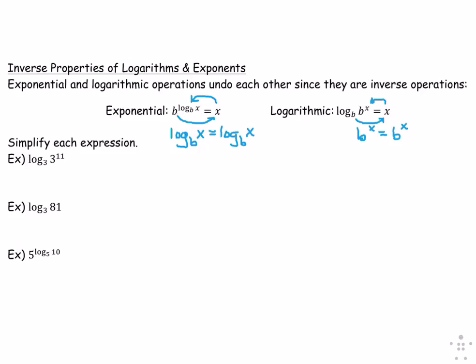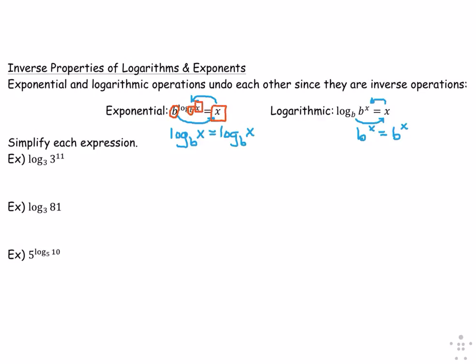To show why this pattern works, that if the base of the power equals the base of the logarithm in the exponent, you just get what you're taking the logarithm of in the exponent as the answer.